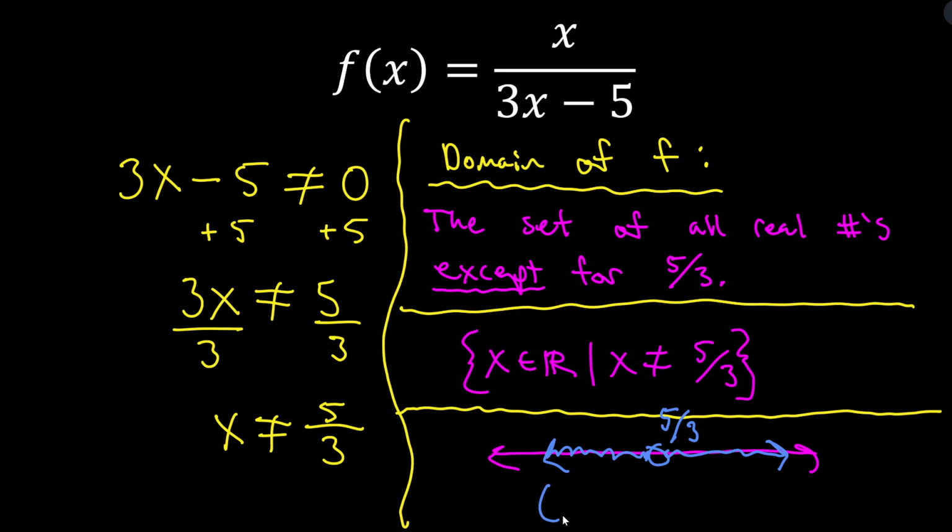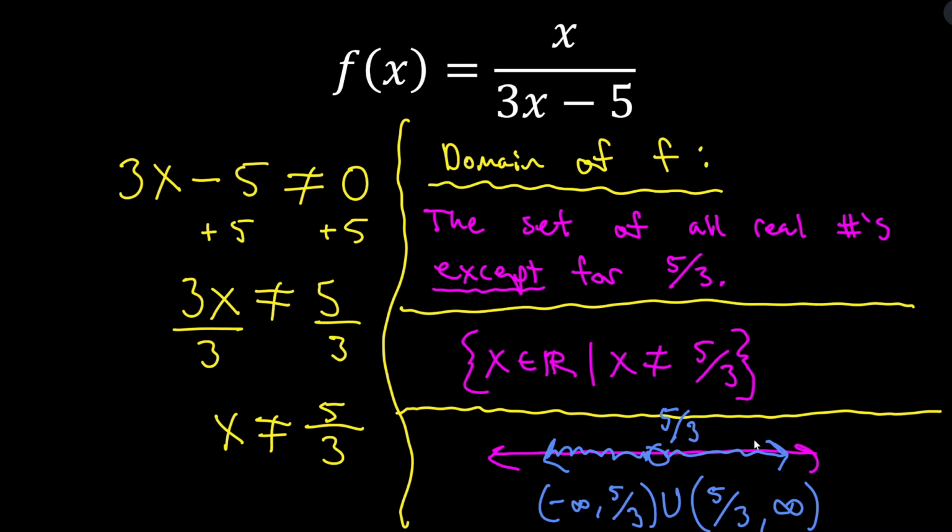And finally, that lines up with our interval notation, which is why I like the number line approach here. And we get negative infinity to 5/3 union. By the way, I wasn't explicit about what that U means. Union 5/3 to infinity. Awesome. All right, we expressed the domain in 1, 2, 3, 4 different ways.